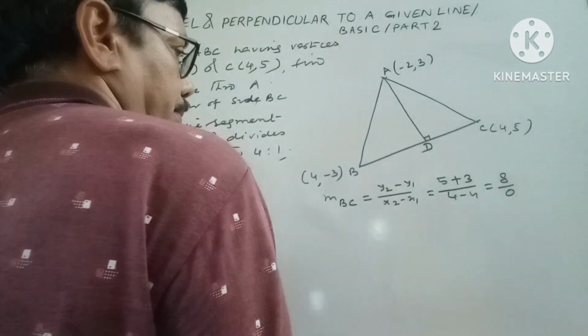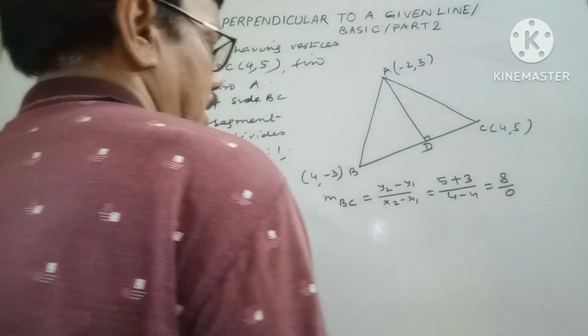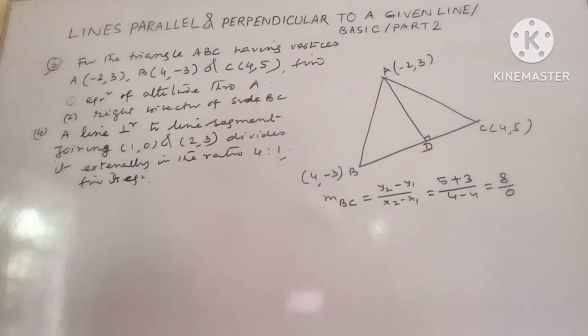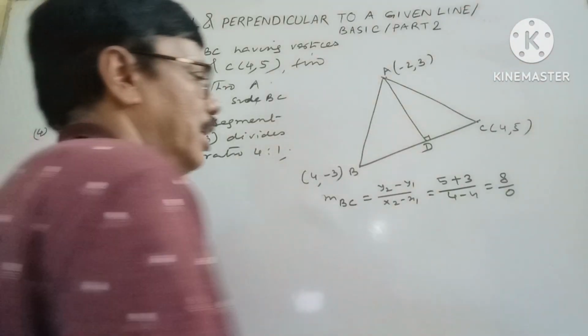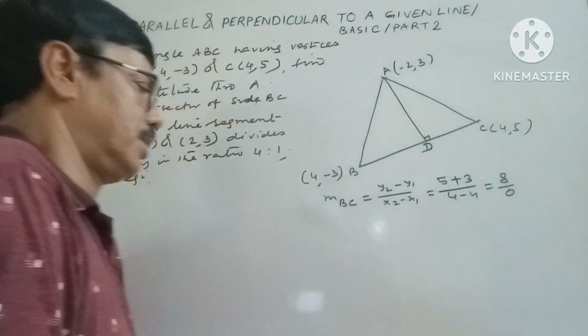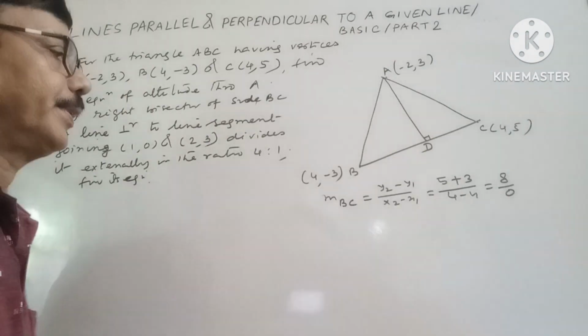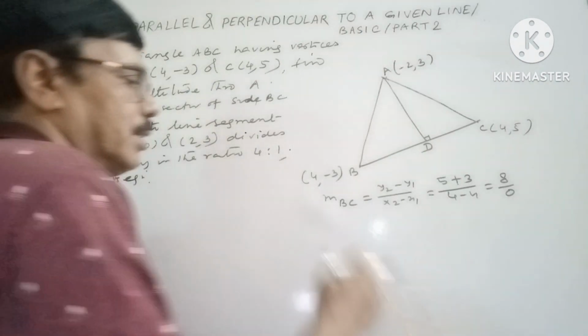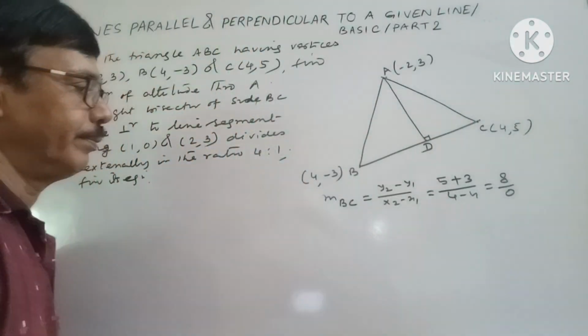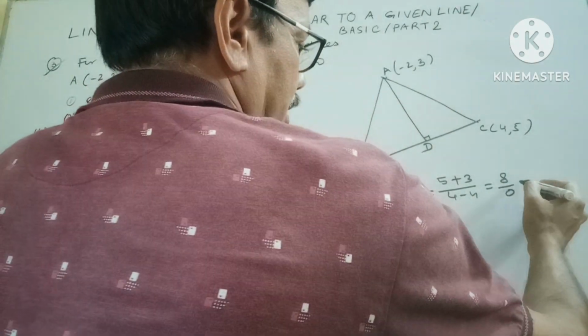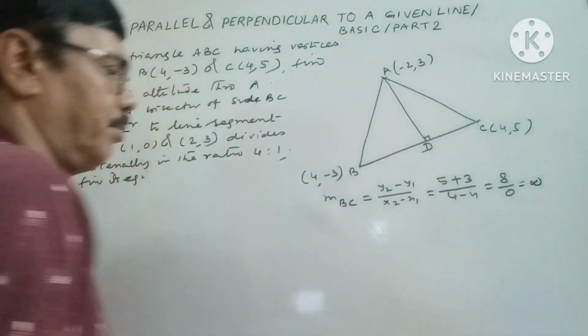MBC is 8 by 0. So you can write this as infinity or undefined.